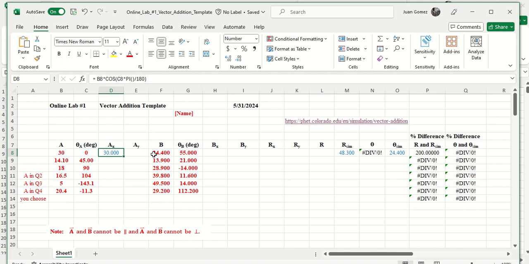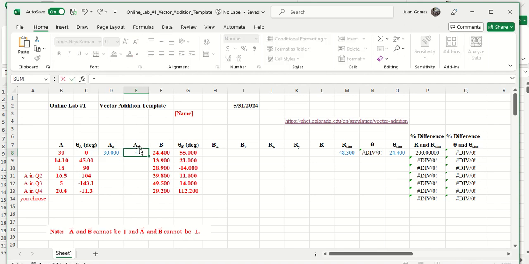AY is the same thing, only instead of cosine, it's sine. Let me just type it again. It's good practice. It's going to be equals, and be generous with your spaces so it's easy to follow.